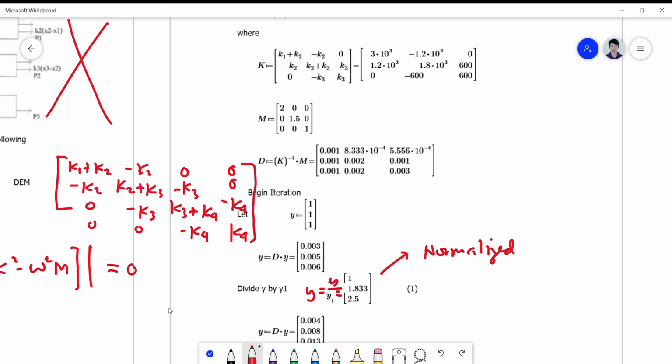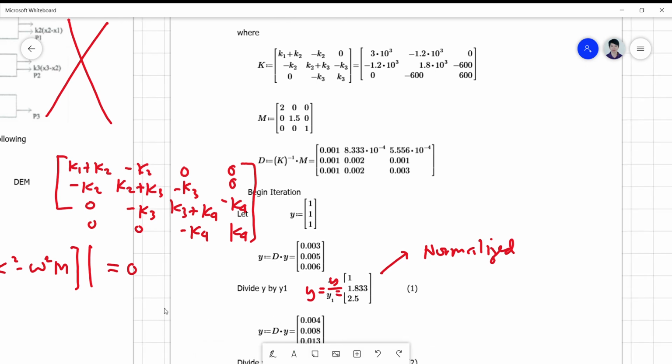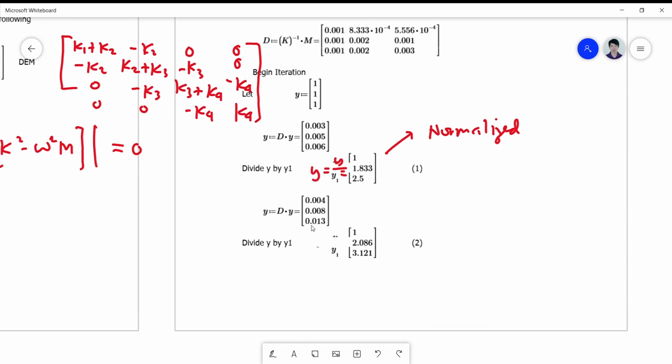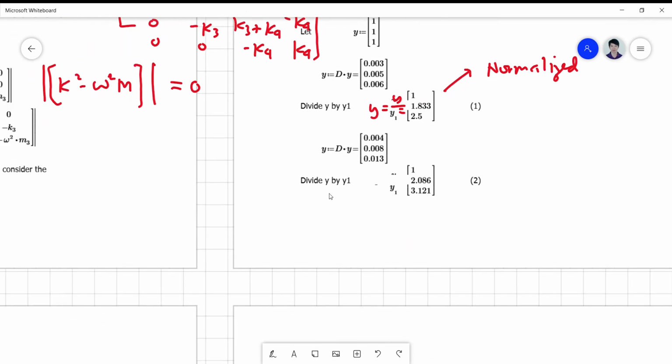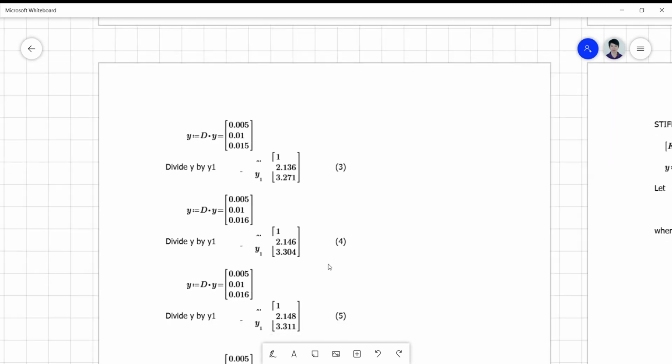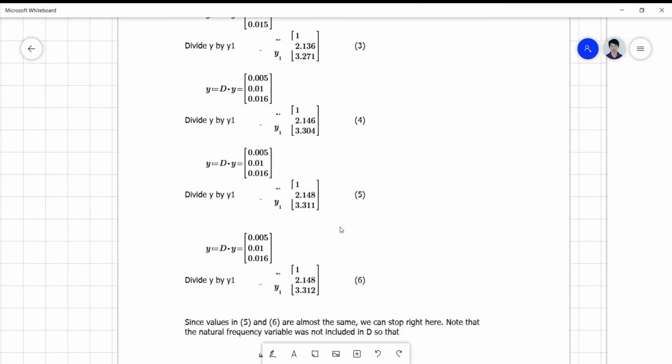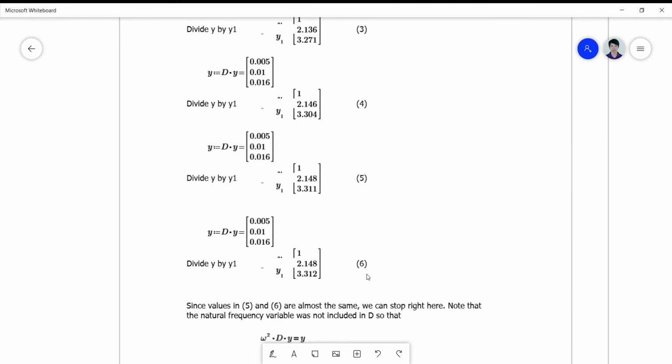If you are going to do the same with the second iteration, you will get this one, and so with the third iteration until it reaches the last iteration here. Sorry for the unreadable formula here.